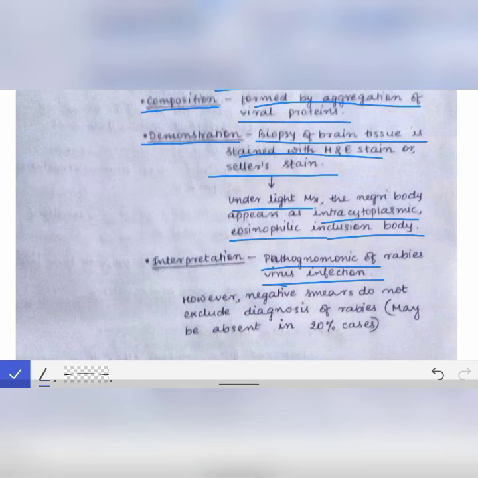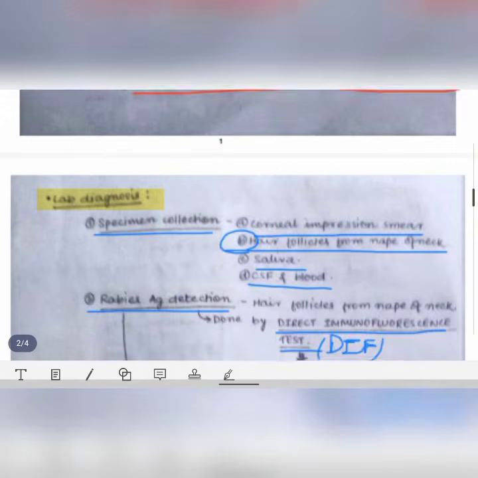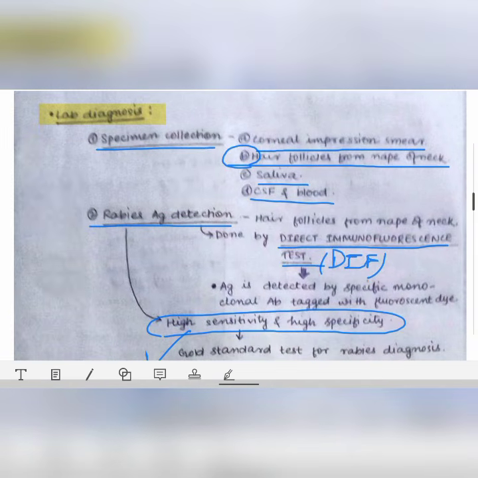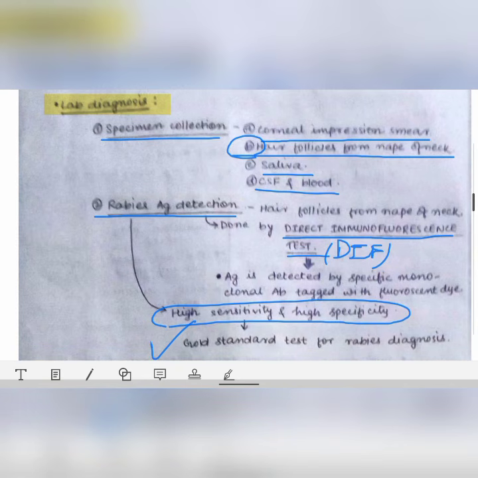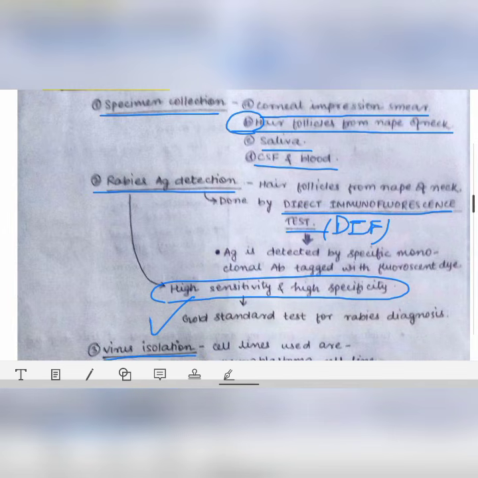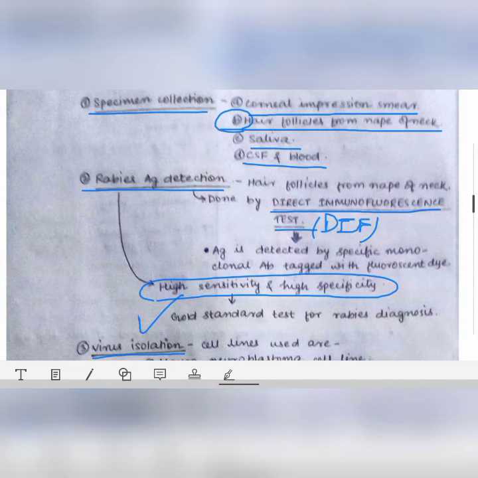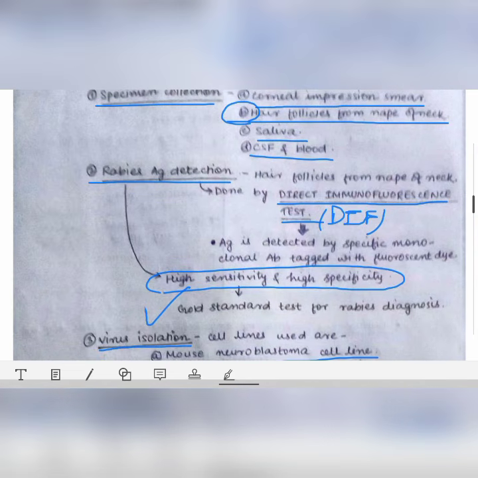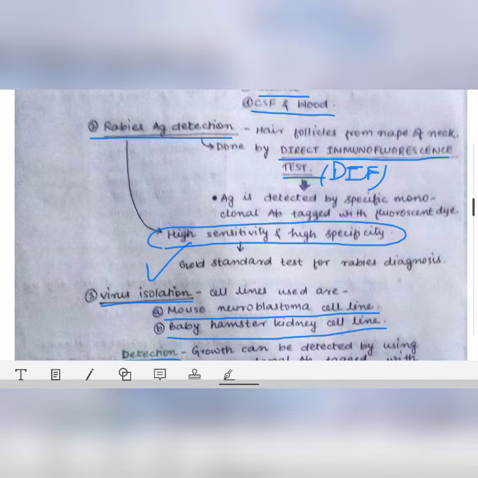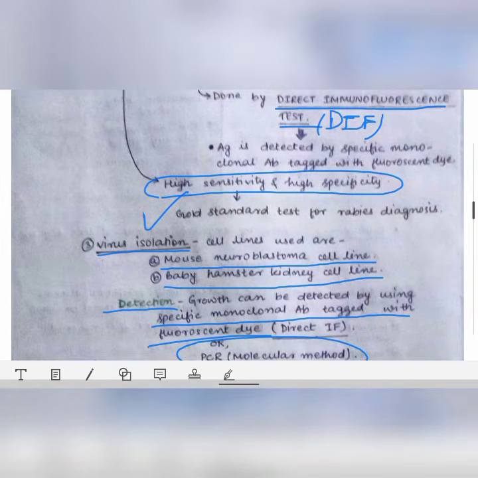So this is all about the diagnosis of the rabies virus. What we have read is the specimen collection, in which we have to collect four specimens: the corneal impression specimen, hair follicles from the nape of neck, saliva, CSF, and blood. The rabies antigen detection is the gold standard test for rabies diagnosis.